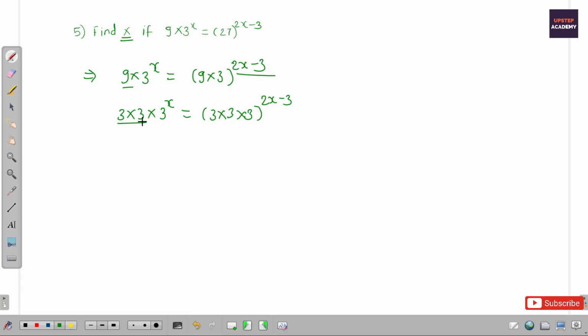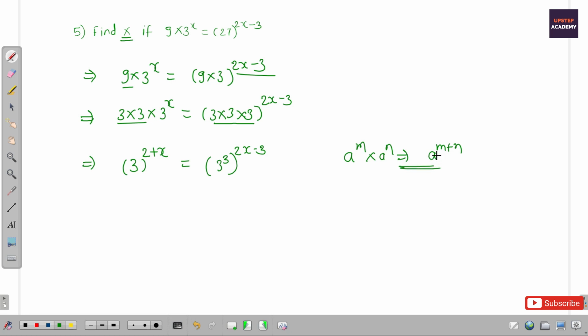So this 3 into 3 into 3 raised to x will become 3 raised to 2 plus x, and the right hand side will become 3 raised to 3, because these 3's are coming together to make 3 raised to 3, and here the power will remain as it is. See, a raised to m into a raised to n gives us a raised to m plus n. This multiplication law of exponents I have used over here, right?